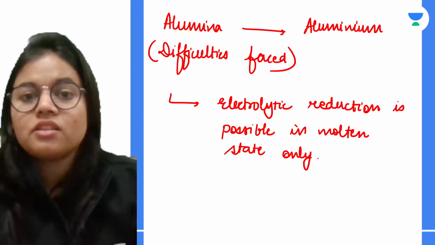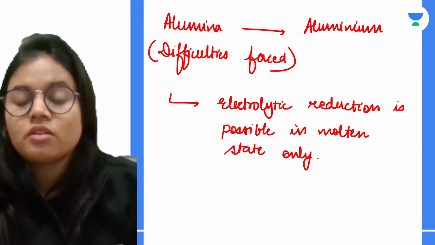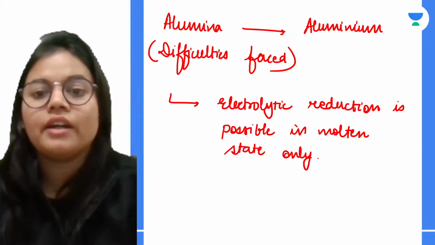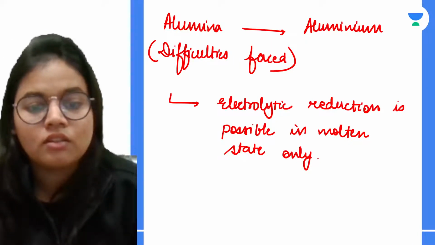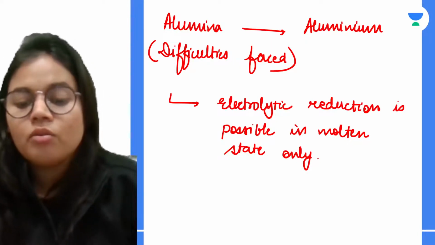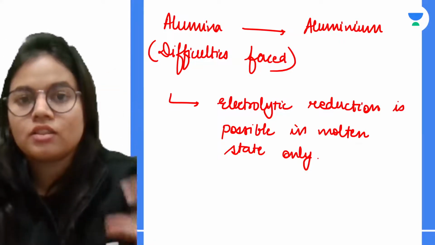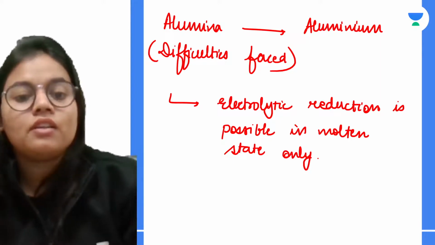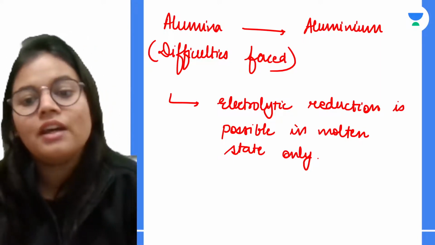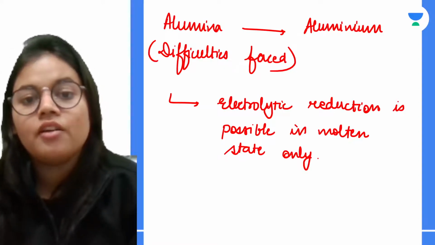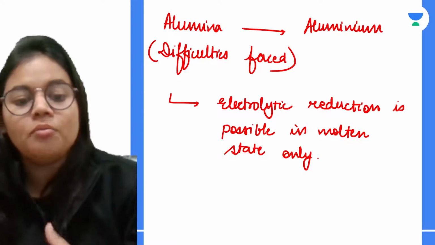When the temperature is so high, when we are trying to convert it into molten state, the aluminium starts to vaporize. At this point, when aluminium is also starting to vaporize, it becomes very difficult to collect the aluminium. So this is one of the difficulties that might be there when we are going to extract aluminium from alumina.